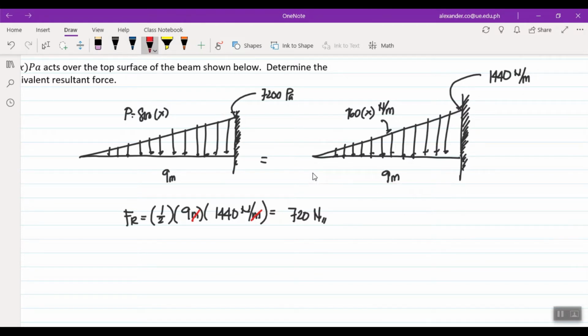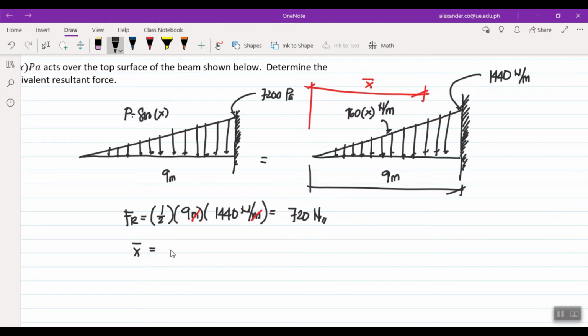So, this is 9 meters. Ang centroid niyan is here. Bar X. Ang bar X lang, kabisado na natin yan, it's just 2/3 ng length na 9. So, this will be 6 meters. Yan yung final answer natin.